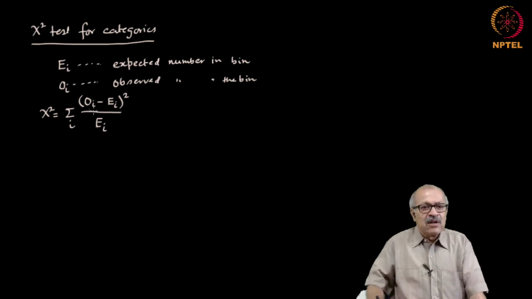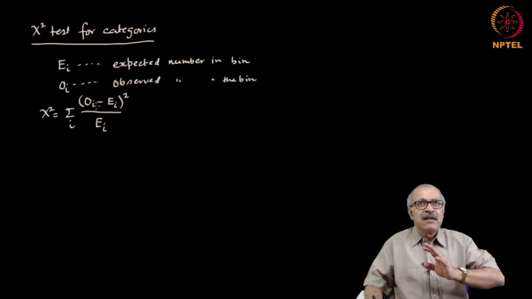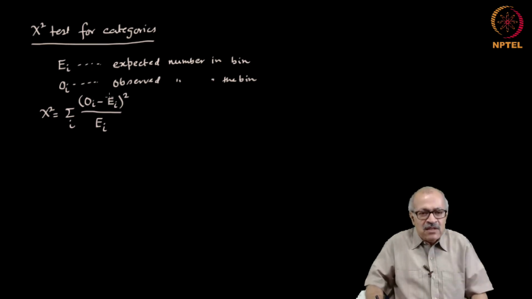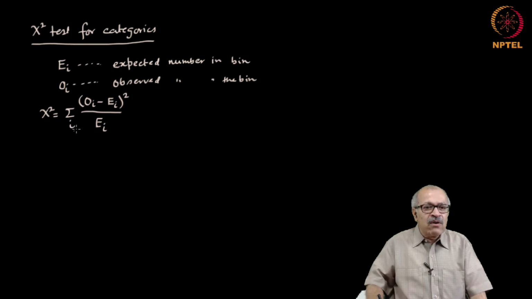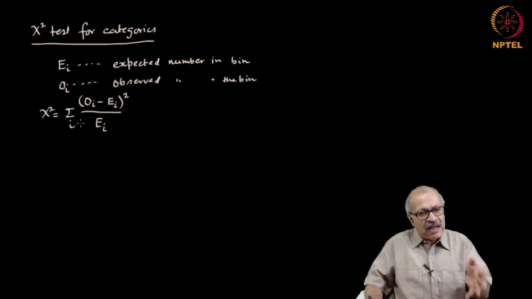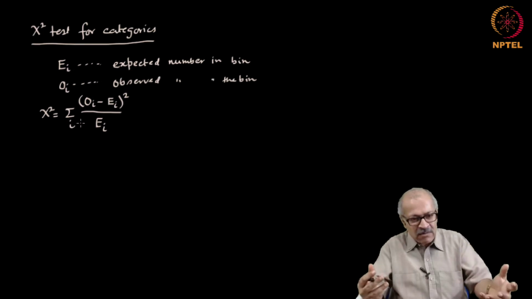If the theory is true, then these differences should be due to completely random fluctuations, and therefore this whole thing should behave like random variables. If there is only one i, that means only one of these, then we will have to tally the behavior of only one random variable.